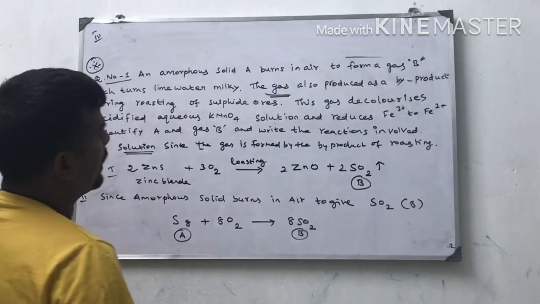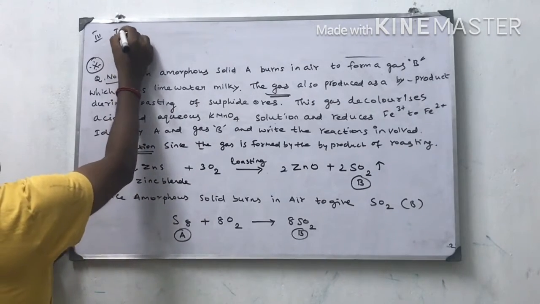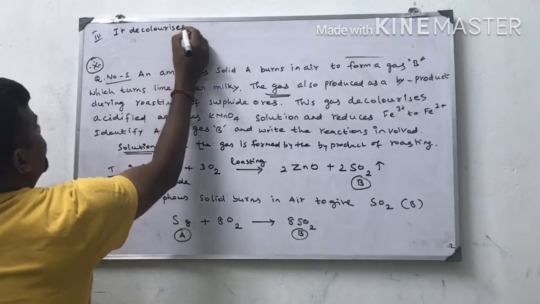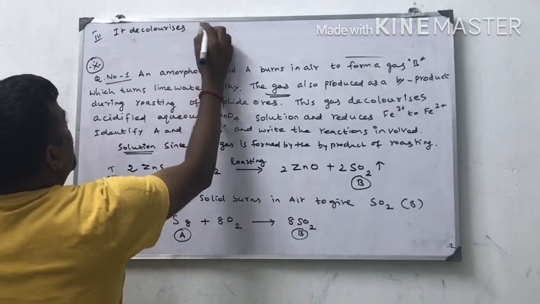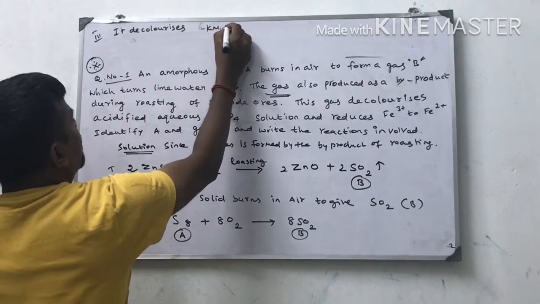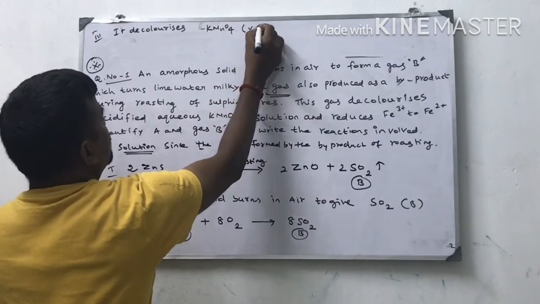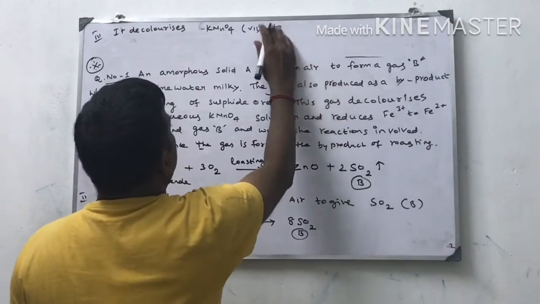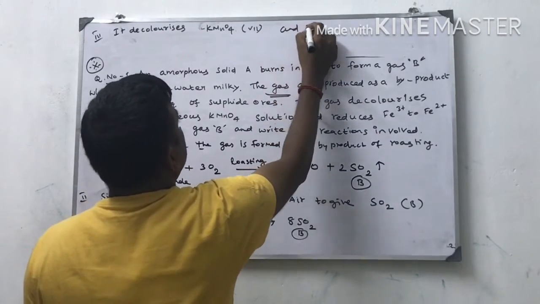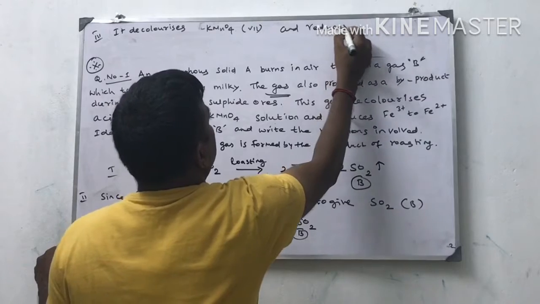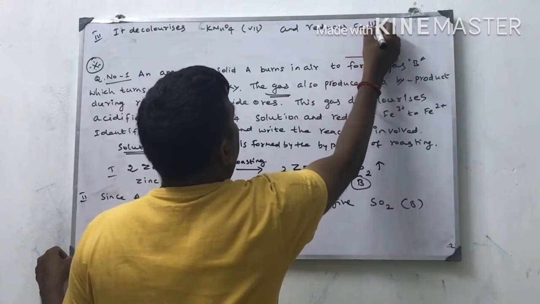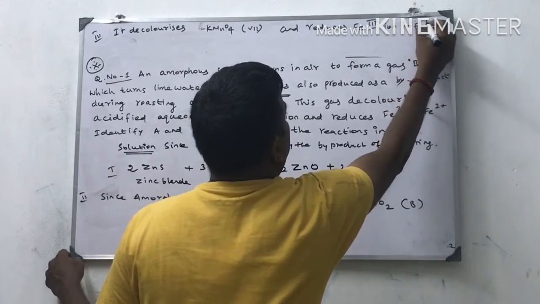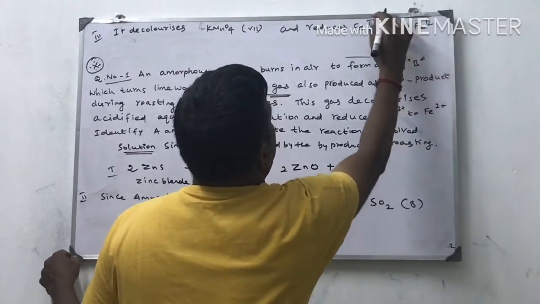It decolorizes potassium permanganate and reduces Fe3+ ion to Fe2+ ion.